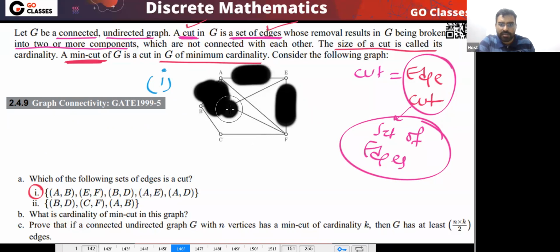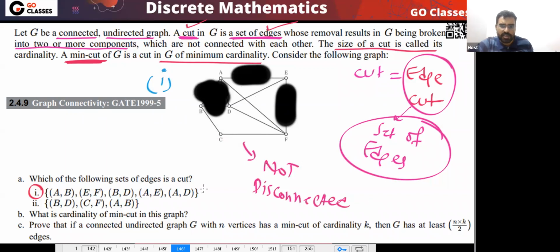Now tell me, did we disconnect the graph? No, the graph is still not disconnected. So this is not an edge cut.